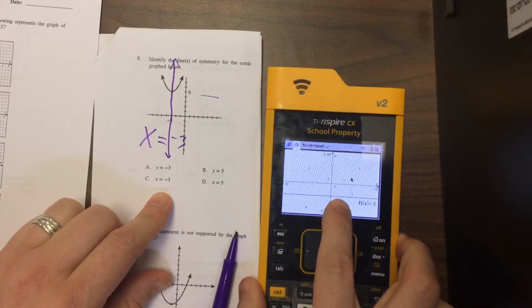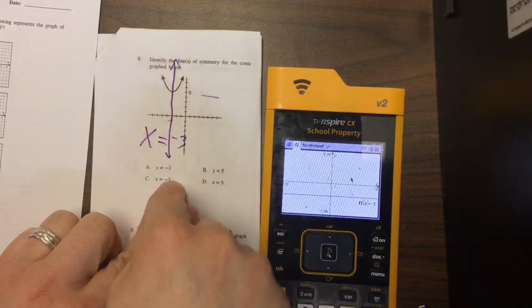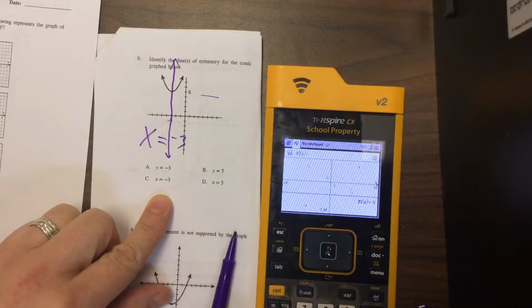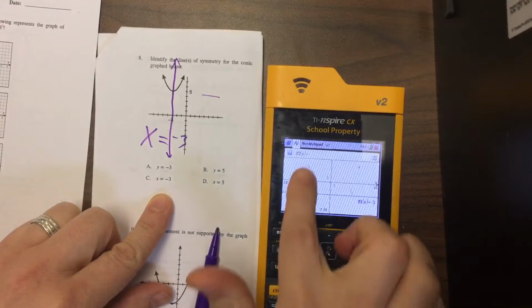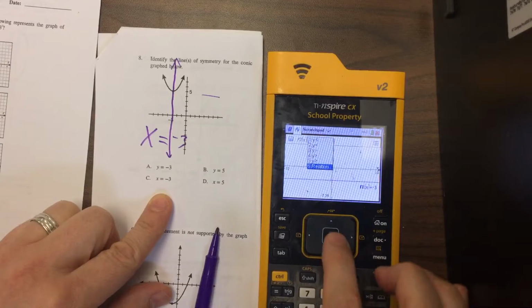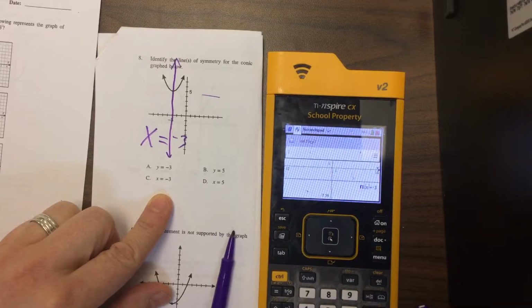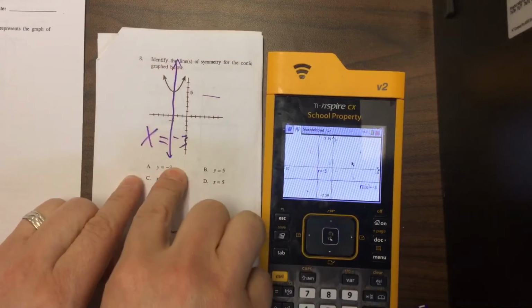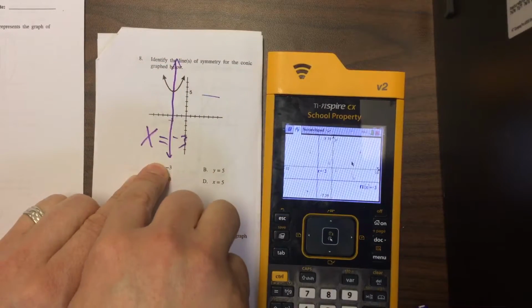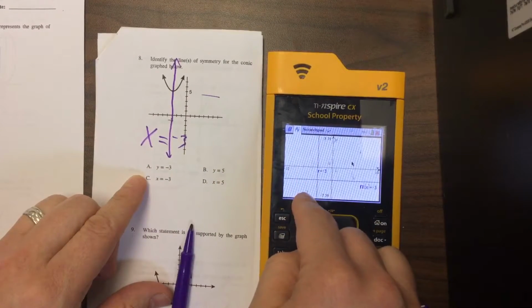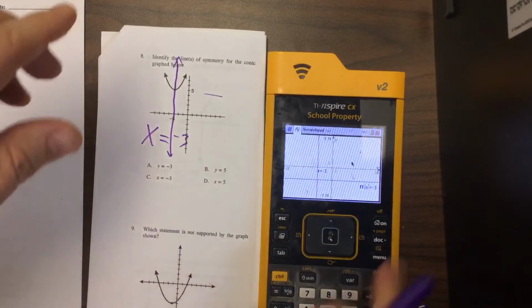That line does not look at all like the line that would go straight down through that parabola. Now I can type in x equals -3. There is a way. You delete the equal sign, you go to relation, and you type in x equals -3. That looks exactly like the line I need to go through the center of that parabola. So that's a way to remind yourself what an x equals line looks like versus a y equals line.